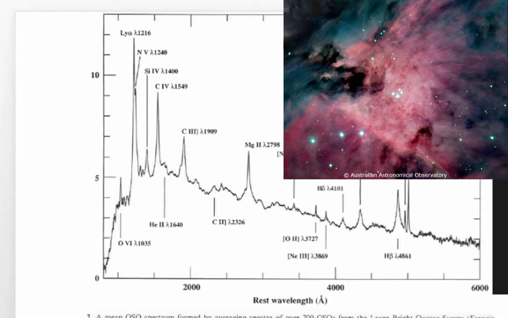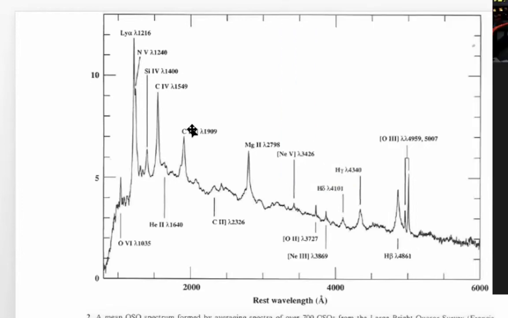photons. The ionizing photons get absorbed by hydrogen, and they kick off an electron. They also kick off an electron from oxygen. They kick off an electron from carbon, from silicon, sulfur, and so on. No problem. We already knew about that. But what I want to call your attention to in this spectrum that makes the quasar different from any O star. This is different from any H2 region.